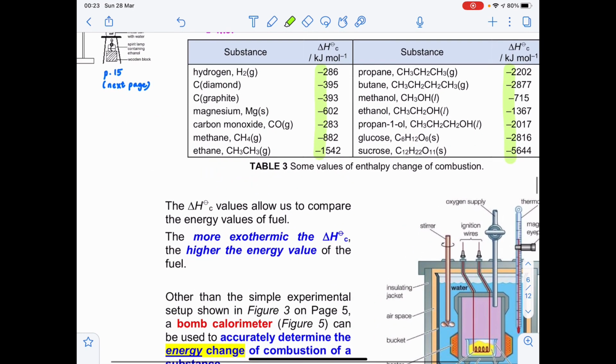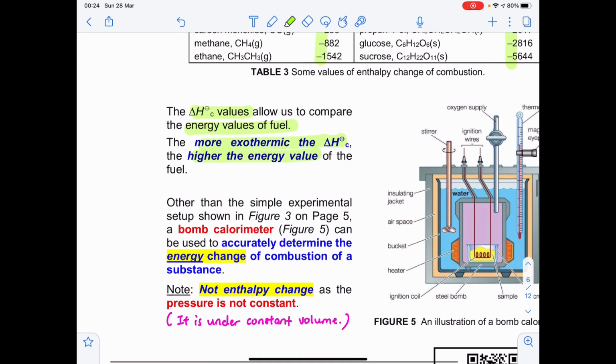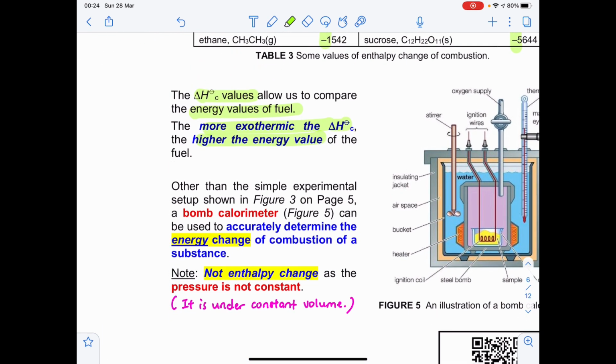In fact, the enthalpy change of combustion's value allows us to compare the energy values of fuels. The more exothermic the enthalpy change of combustion, the higher the energy value of the fuel. A more accurate determination of energy change of combustion is by a bomb calorimeter.